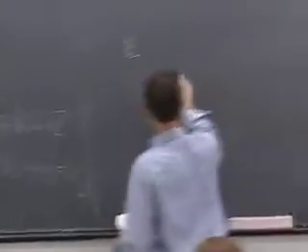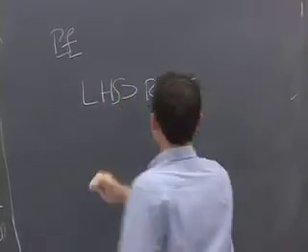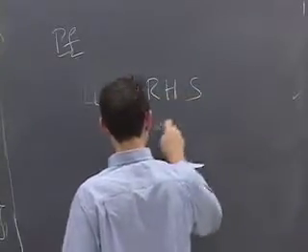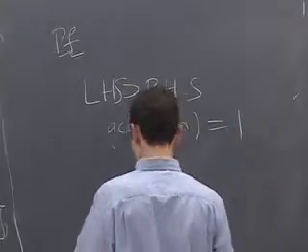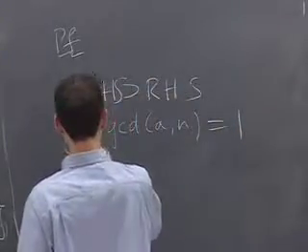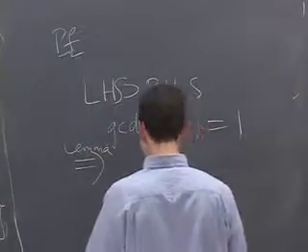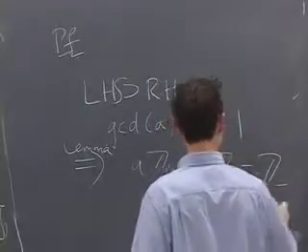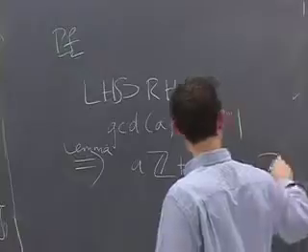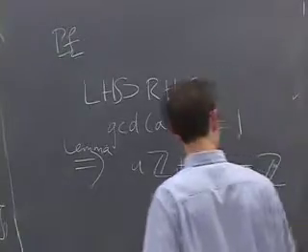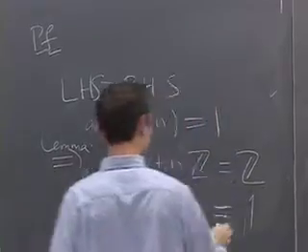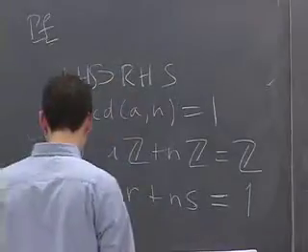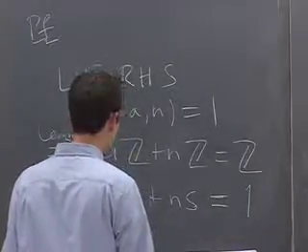So first, the right-hand side is included in the left-hand side. Well, if I have GCD(a, n) equals 1, then by the lemma, aZ plus nZ equals Z, or put another way, 1 is in here. I can write 1 as ar plus ns for some r and s.